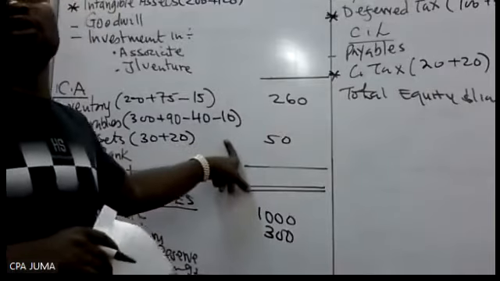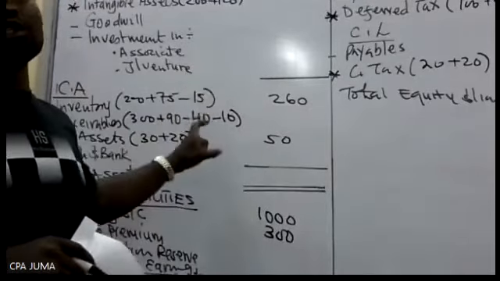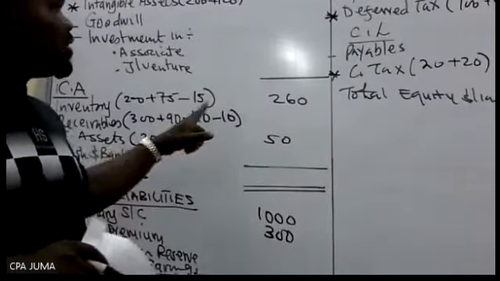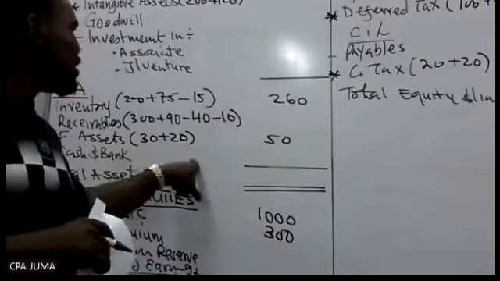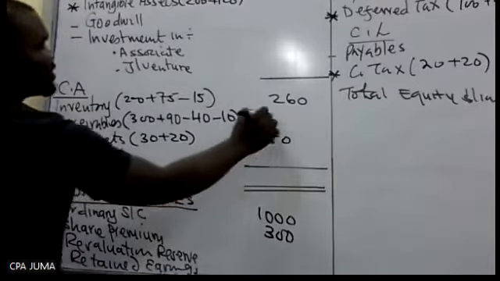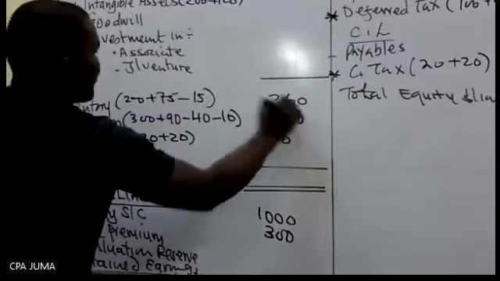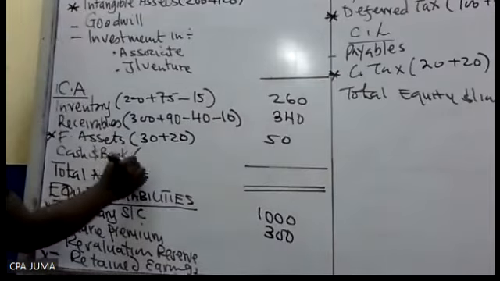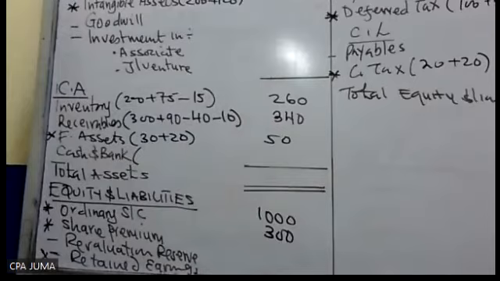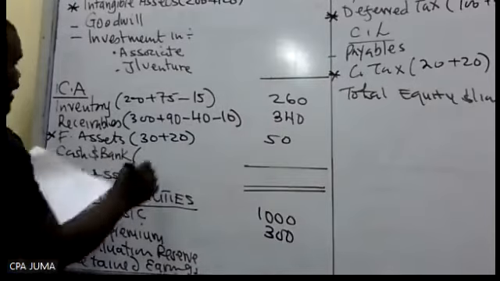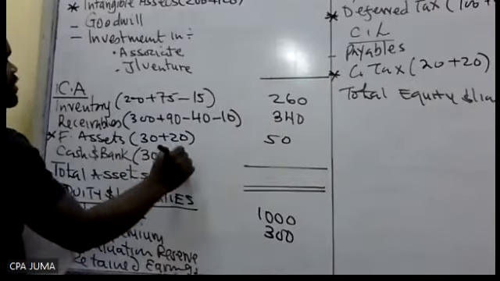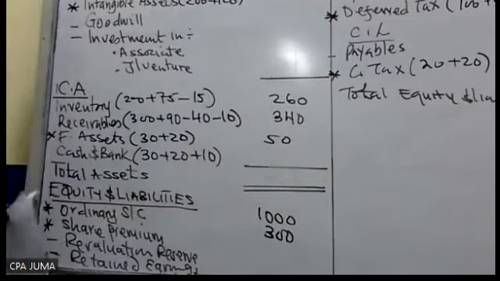So the correct balance is 40 between them. But the 10 is cash in transit, which you will add here. 390 minus 50 is 340. Come to cash. Cash will be 30 plus 20 plus transit. Transit is 10.